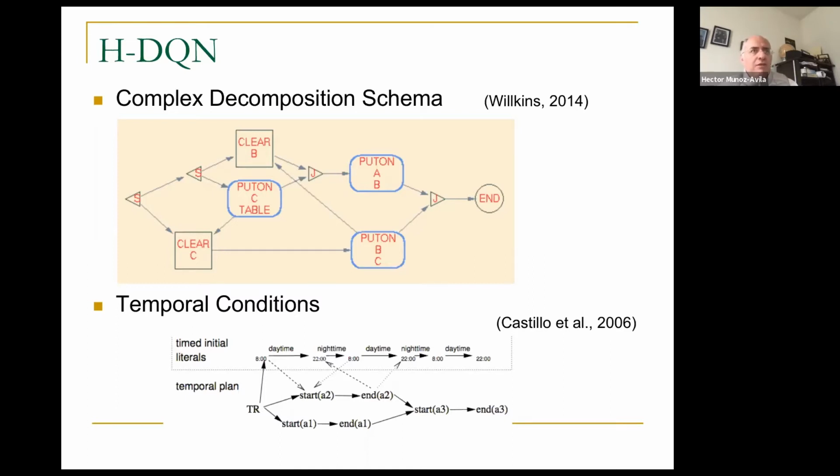So every method had a weight associated with it, and the weight was higher the fewer actions were resulting from applying that method. And then we modify the chop planner so it will prefer the method that has higher weight, that will result in fewer actions. Yes, that's possible.